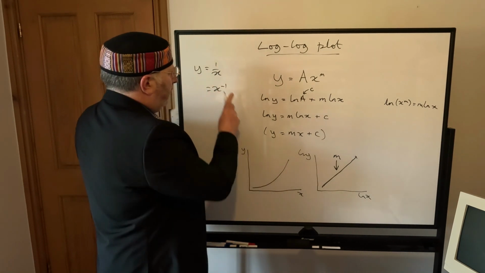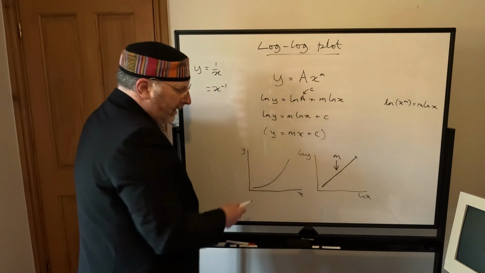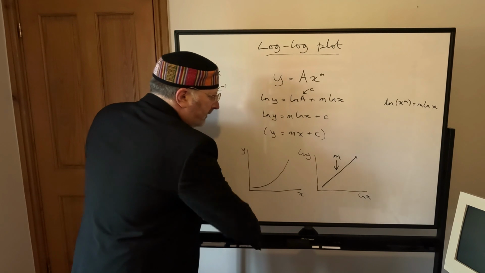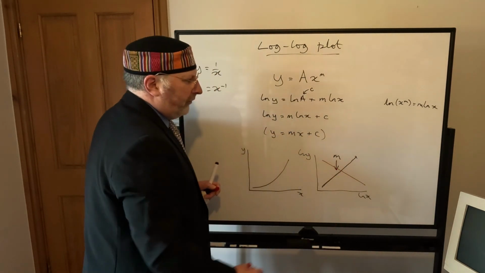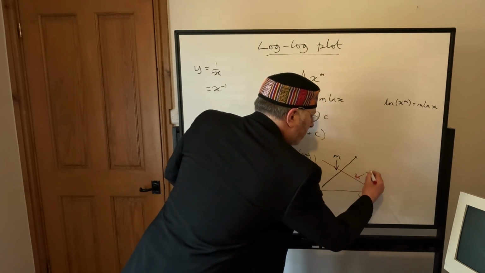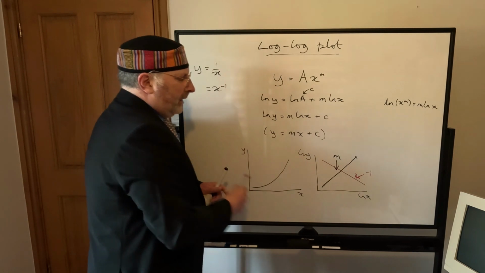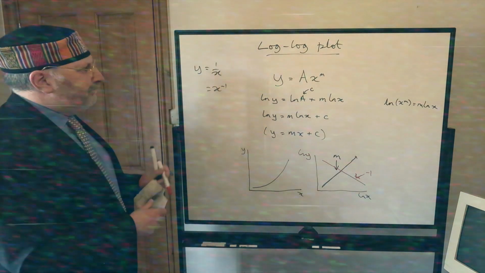Y equals x to the minus 1 is 1 over x, so the slope is minus 1. So it being minus 1 for a hyperbola, it will slope downwards. Slope of minus 1 slopes downwards. It's a negative slope, sloping downwards.